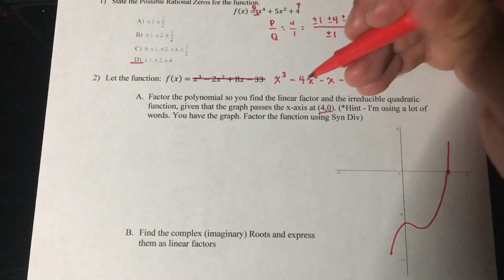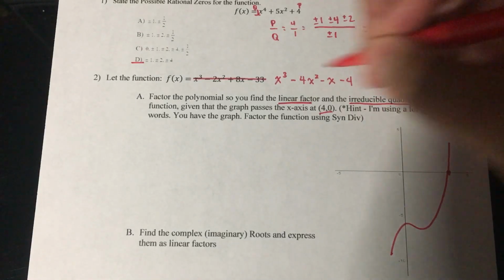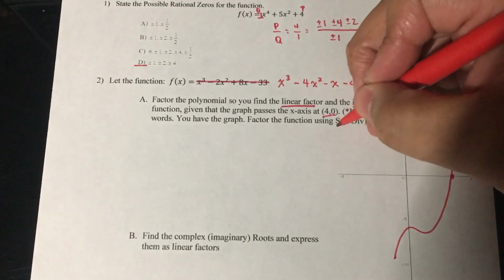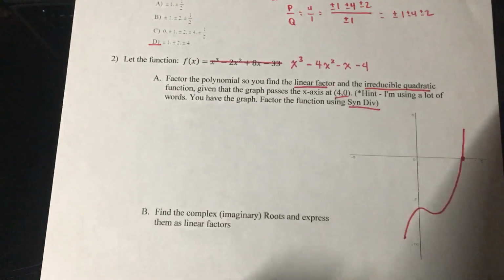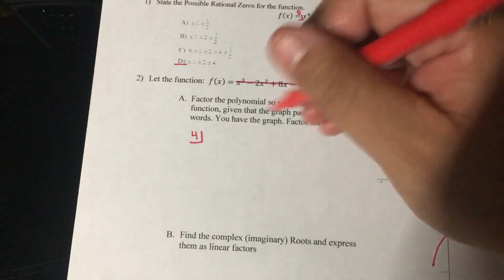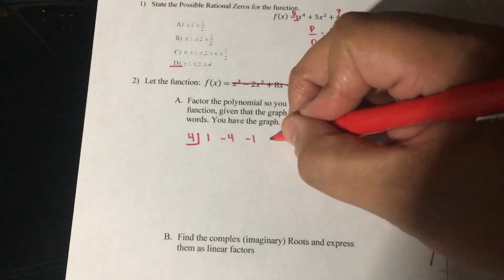So first thing is to find a linear factor and also an irreducible quadratic. Here, guys, I'm just telling you do synthetic division. That's what I'm trying to tell you to do. A lot of y'all got stuck here. So we're gonna do some synthetic division, guys. 4, and then my values here are 1, -4, -1, and -4.